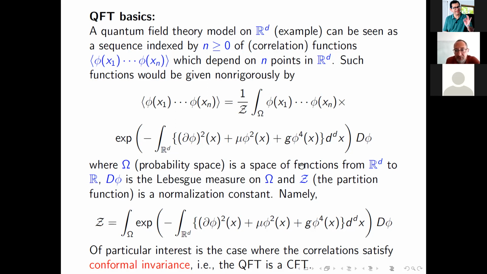And so formally, this whole thing, okay, it doesn't really make sense for a mathematician, but at least it looks like the moments of a probability measure. So the probability measure is basically d phi times this weight times the 1 over Z normalization factor. So it's a probability measure on a space of functions, omega, the probability space here.